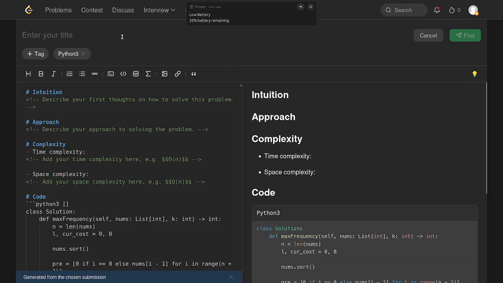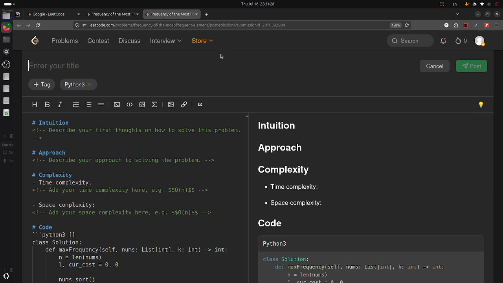I need to finish the editorial before the computer dies. Oh no, it's dying. Please, please, please. Oh no. Please charge.